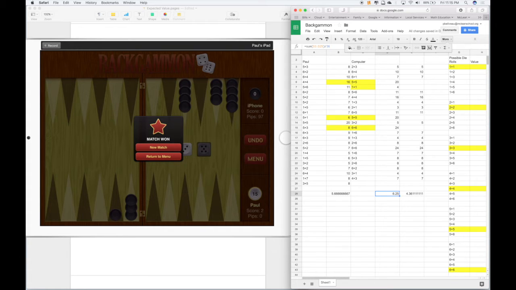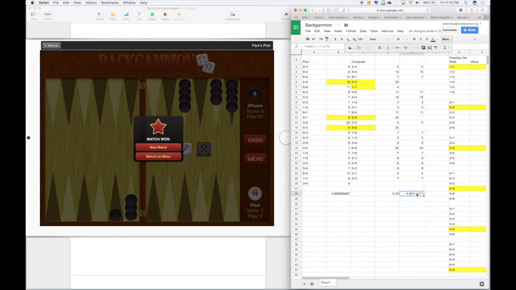It controlled these dice rolls and made them spit out more value per roll for itself than it did for me. But if you take out the rolls that it couldn't use because I successfully trapped these pieces on the bridge, the computer's average per dice roll suddenly goes down to much lower than mine. So that's one way that game developers can make a game unfair to get an outcome they want.